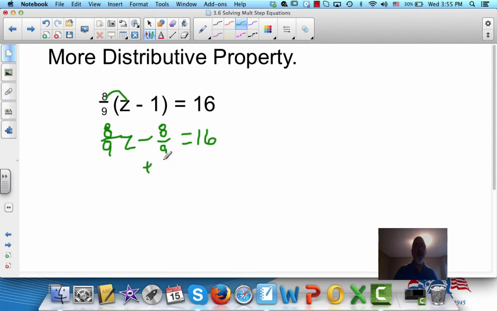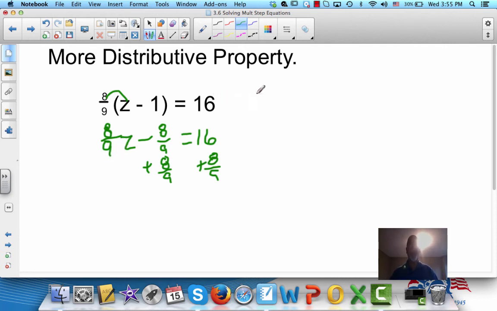Now we would have to do plus 8/9 and plus 8/9, and you can see how this might get a little complicated dealing with the fractions and everything. Although we love fractions, fractions are our friends, it's not the shortest way to do this.